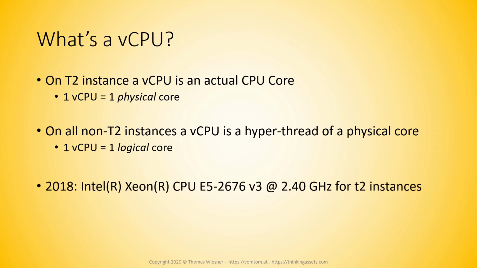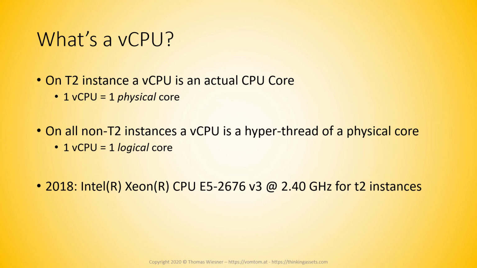And at least in 2018, they had, amongst other processors probably, those processors for the T2 instances. So if you are looking into benchmarking those, you will quickly find that on T2 instances, if you come from on-premise solutions, they will pretty much correspond to similar server cores or server CPUs that you are using for your on-premise solutions.